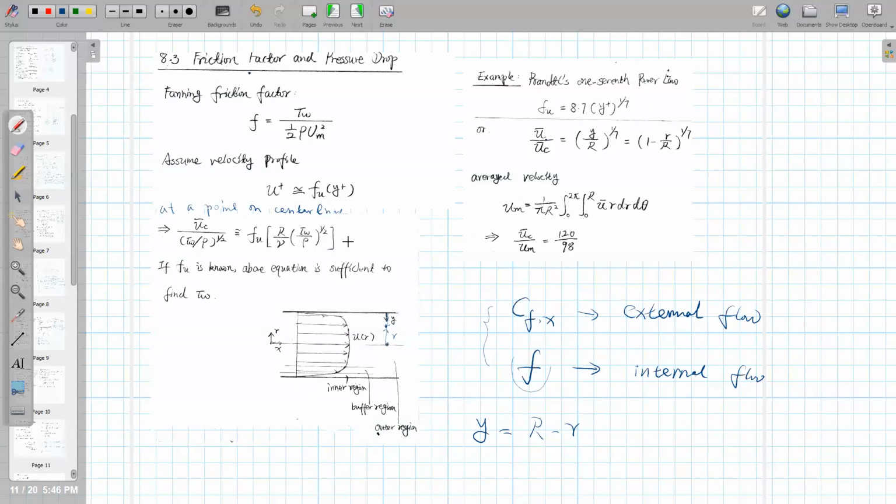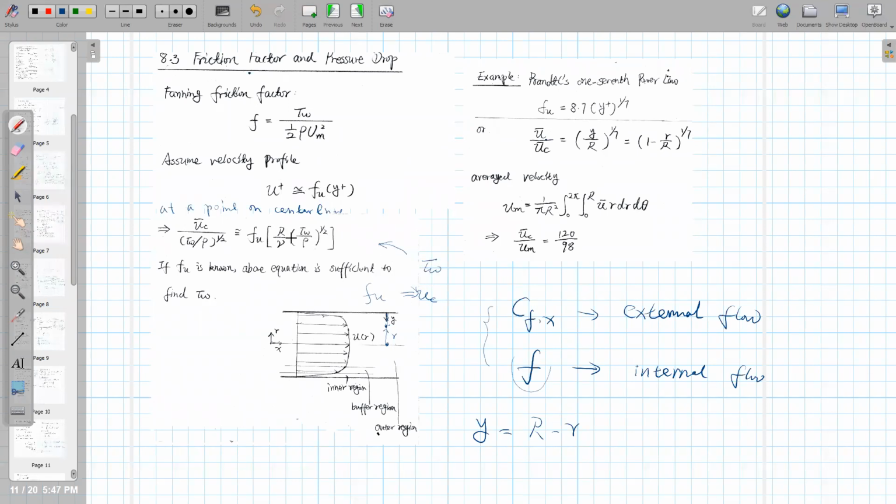We do not know the tau W. And the Uc, although we do not know it, the Uc can be directly calculated from this velocity profile. So from the velocity profile, we can know the Uc already. For this one, you only have one unknown, tau W.